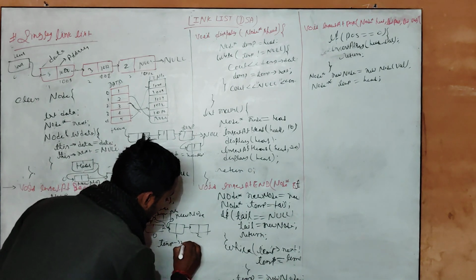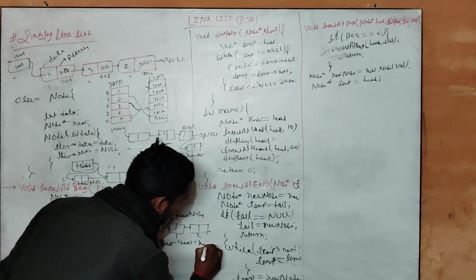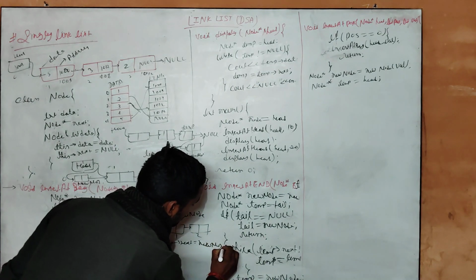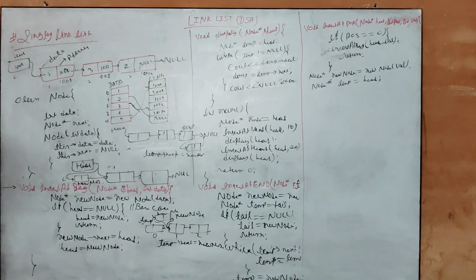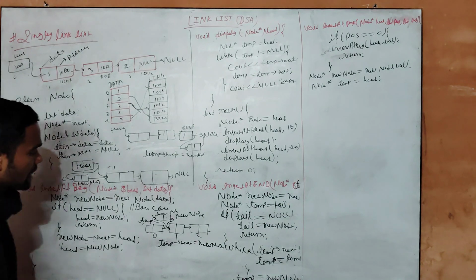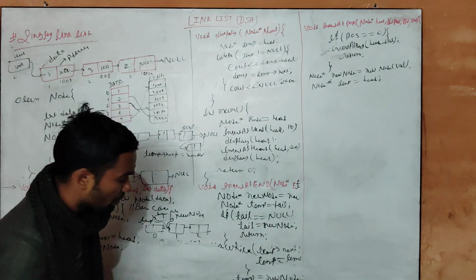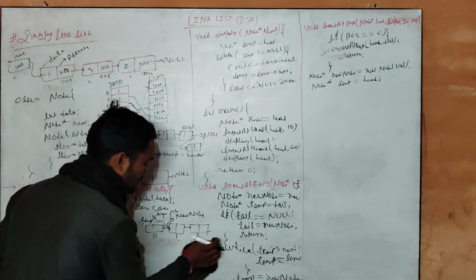Temp of next is equal to new node. Okay, temp of next node is equal to new node. Okay, yeah, we can write here new node of next is equal to temp of next.